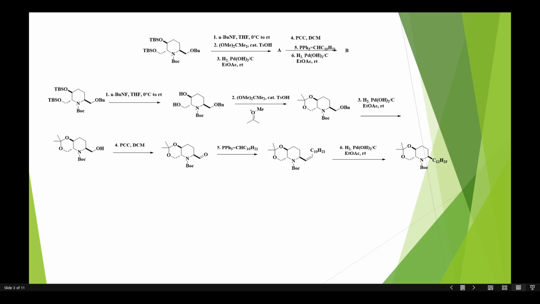Okay. Do you know how to put the Wittig reaction? Whether it will be easier to put the Wittig reaction, because the unstabilized ylides are very difficult to synthesize, whereas the stabilized ylides are very easy.